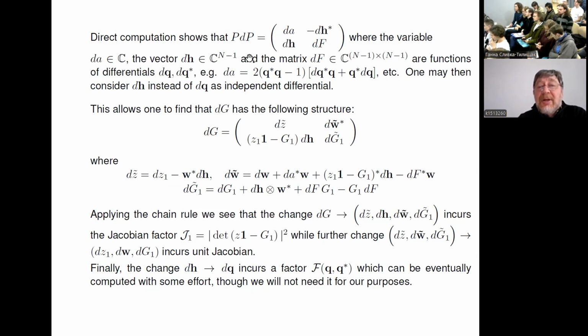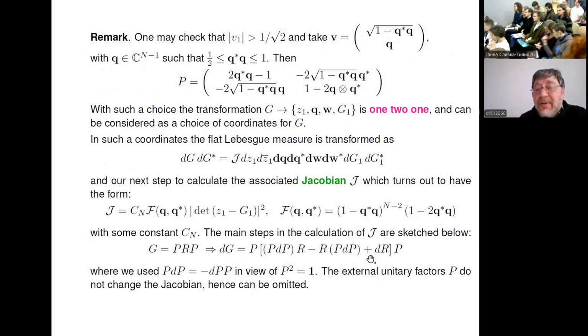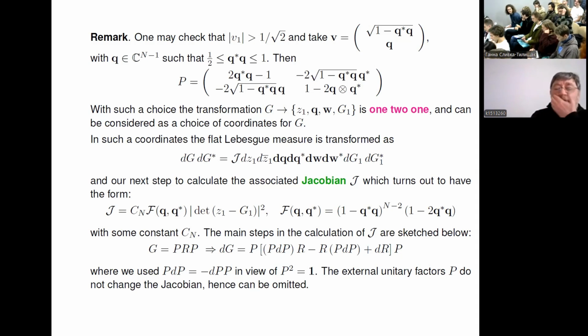Now, taking this P dP explicitly in this form and substituting. What is our goal now? We are calculating how to express this matrix of differentials of our original variables in terms of the new variables, because this is one of the possible ways of calculating the Jacobian of the transformation.